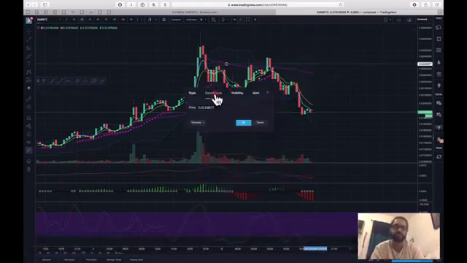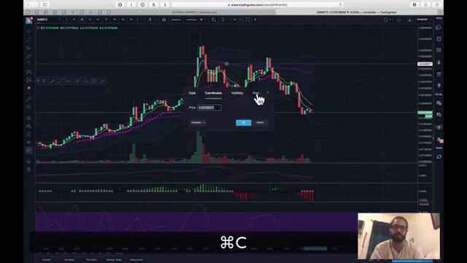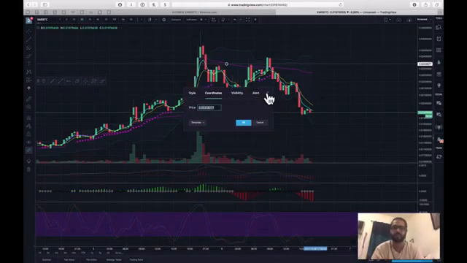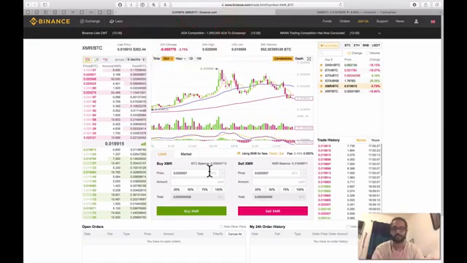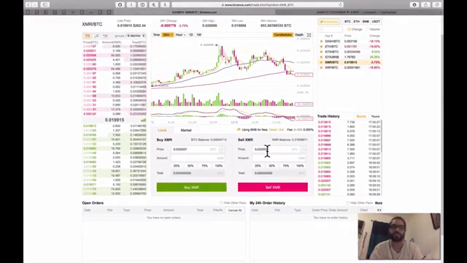I don't know, maybe it'll go there, maybe it won't. But I mean, I believe in XMR as a whole for the future, so even if it goes down in the short term, I'm not worried because I think I'm still holding a valuable coin, and that's also another reason why I think it's important to only trade with coins that you think are good in the long term.